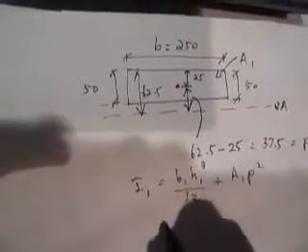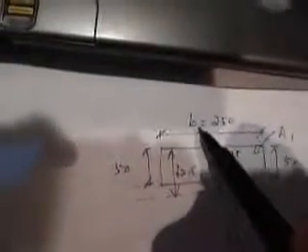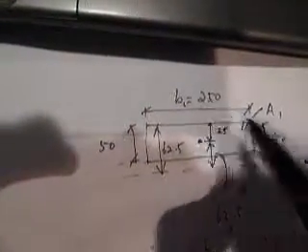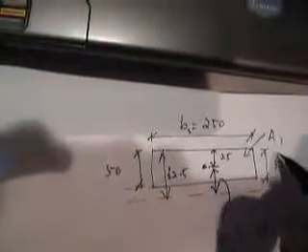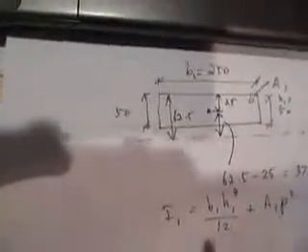So if we input the values, B1 is equal to 250, and H1 is equal to 50.